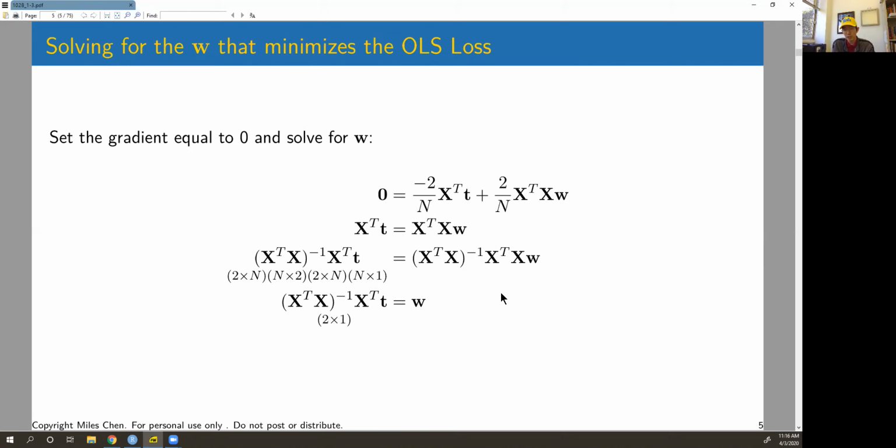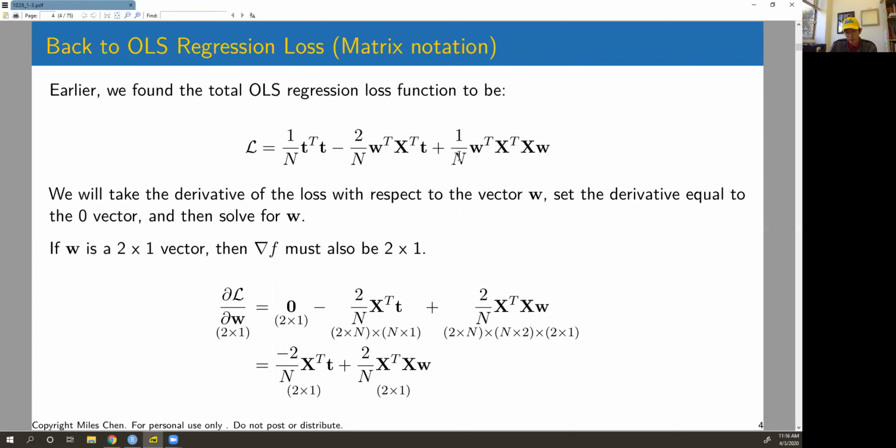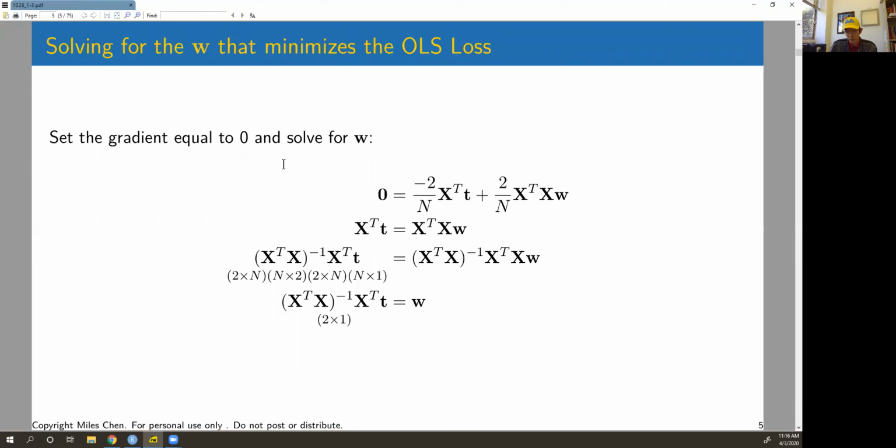That will leave me with the identity matrix times W. And so we'd have X transpose X inverse X transpose t is equal to W. So the value of W that will minimize my loss function here is going to be X transpose X inverse X transpose t.